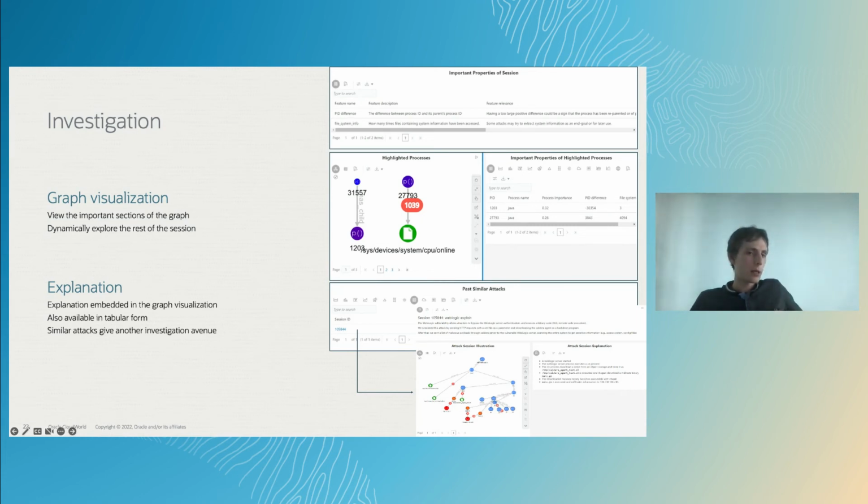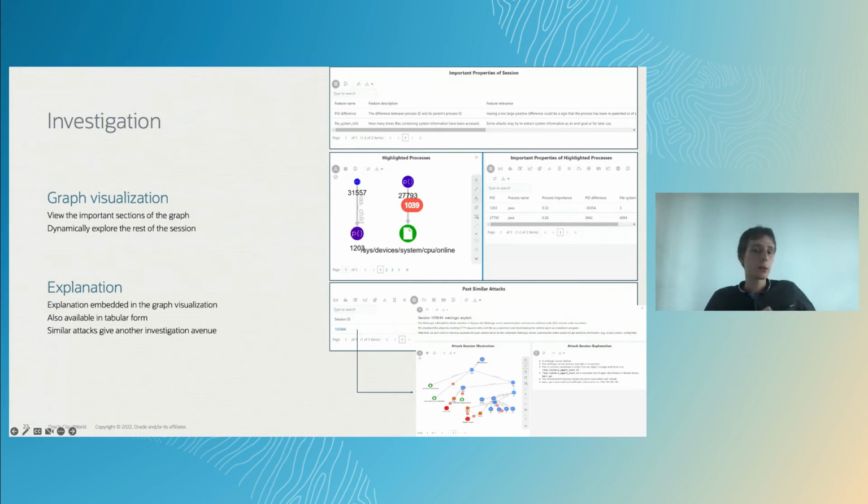But we can also provide more pieces of information. For example, we can base ourselves off previous attacks. We can say, well, this session here we've detected is actually similar to this previous thing that we saw in the past. And so you can guess what this new flagged session is trying to do based on what the previous one was trying to do.